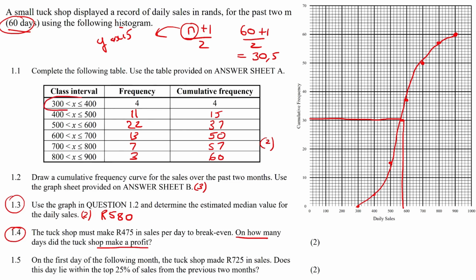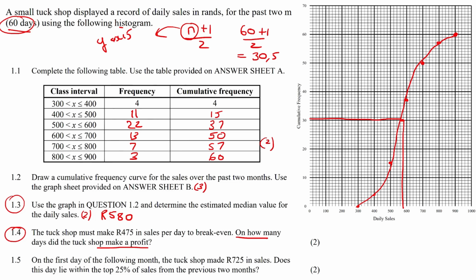Well, on these days here, they made between 300 and 400. It's actually not going to work in this table, I'll tell you why. On 4 days, they made a loss. Now here we don't really know. Is it 450? Is it 420? Is it 475? So we can't use the table because this doesn't give us an exact amount.